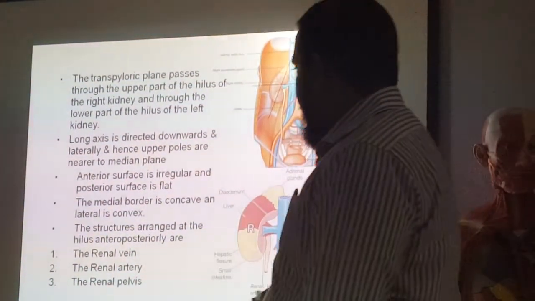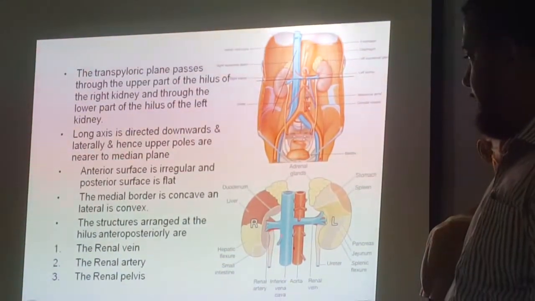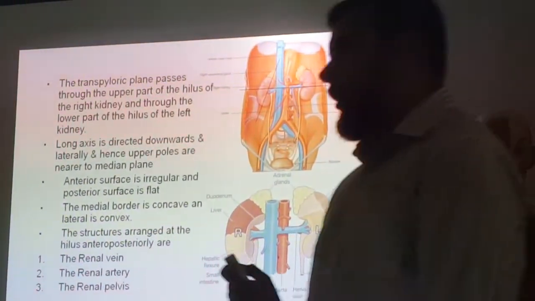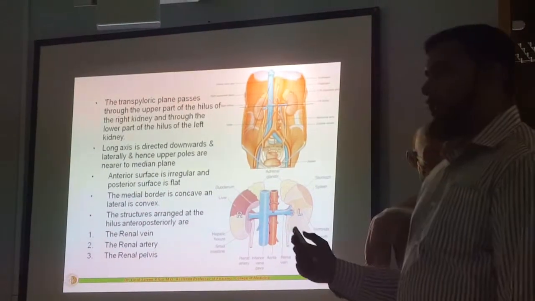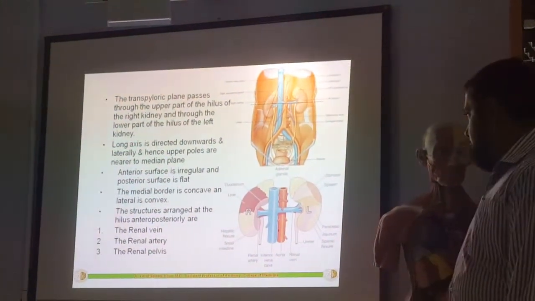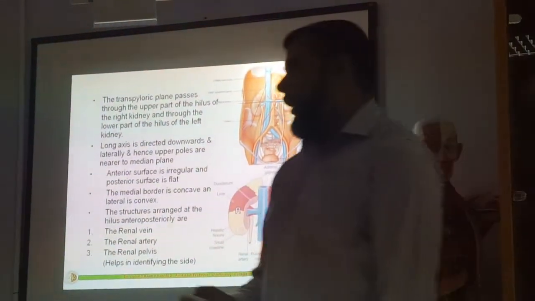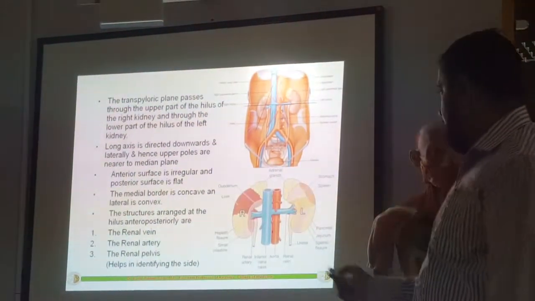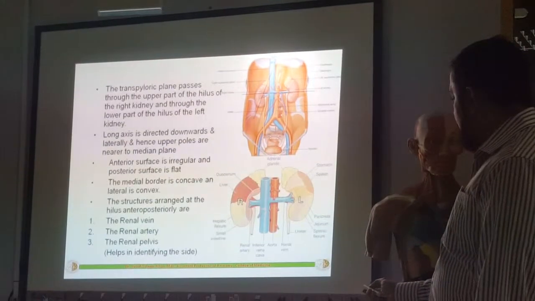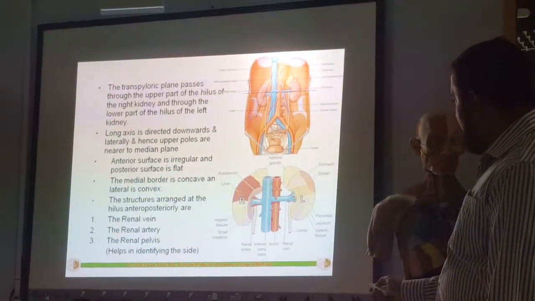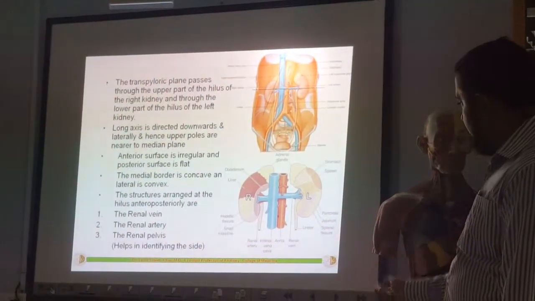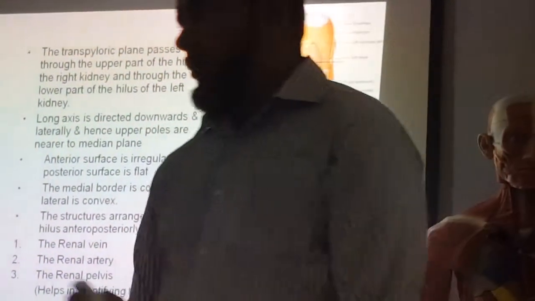So identify the upper pole and put the renal pelvis and the ureter on the posterior side, then it becomes the side of the kidney. So this arrangement of the structures at the hilum helps you to identify the side of the kidney. The most anterior will be the renal vein, then the renal artery behind that, and the renal pelvis will be the most posterior.